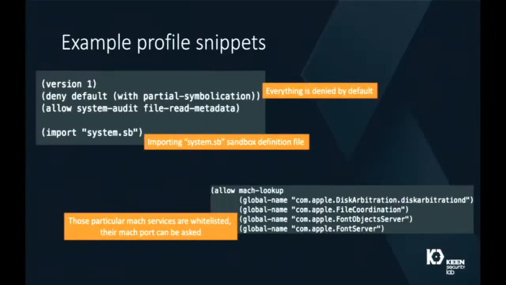So if you are under this sandbox profile, everything is denied for you, except some whitelist that will come later in the file. After that, another sandbox profile is imported, system.sb. So you need to follow this include also to audit this sandbox profile.